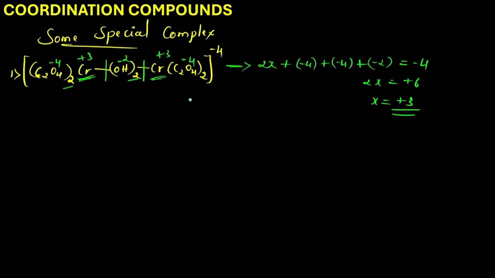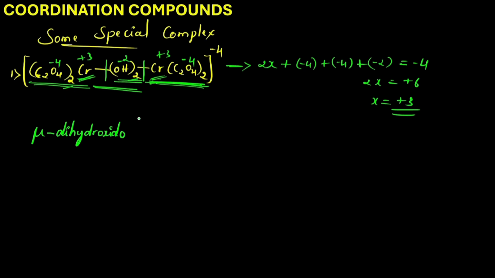Now we will start writing the name. So in this case we have a bridging ligand, therefore the name of the bridging ligand should be written first. And we know that bridging ligands are denoted by the symbol mu. How many hydroxido ligands are there here? Two hydroxido ligands, therefore mu dihydroxido. Here we have chromium and C2O4 twice, and here also we have chromium C2O4 twice.